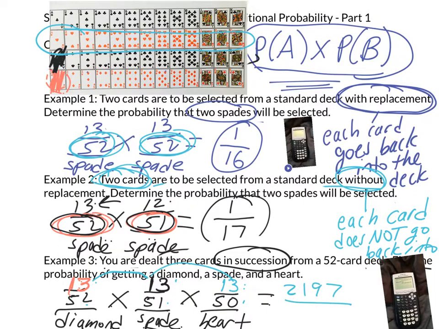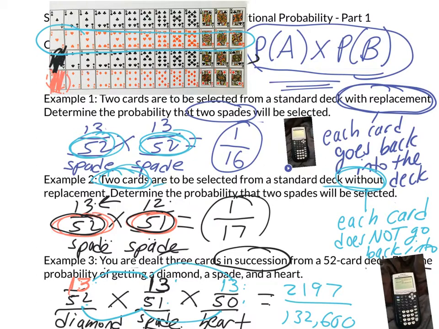On the bottom, we had 52 times 51 times 50. Putting that into the calculator, that's 132,600.